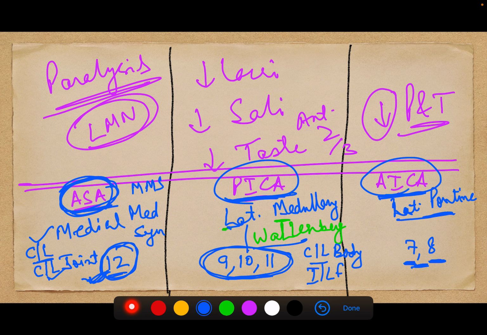So if in a question there might be 7-8 sentences, but if you get hold of the facial nerve features and the 8th nerve, like reduced salivation, lacrimation, anterior two-third of the tongue, and sensorineural deafness, just focus on anterior inferior cerebellar artery or lateral pontine.